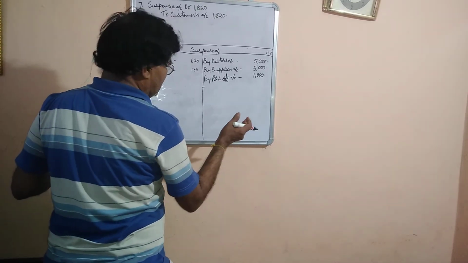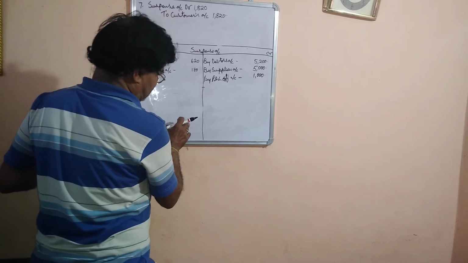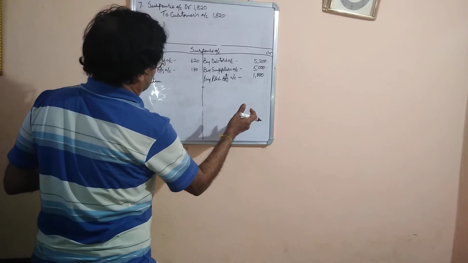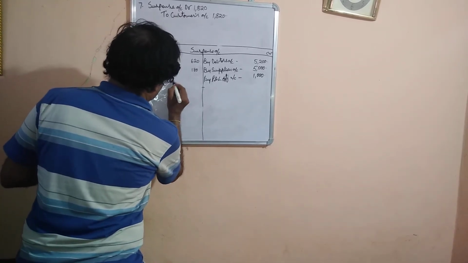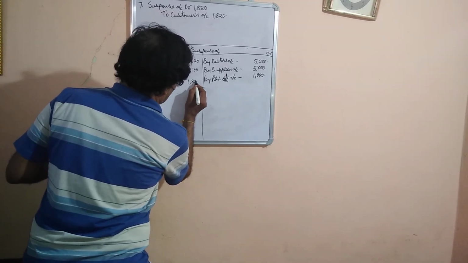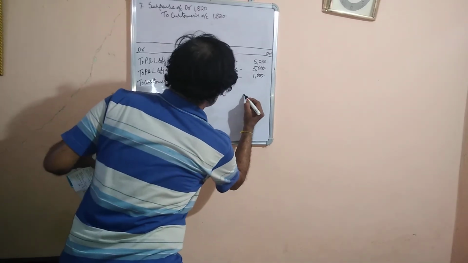So it must be corrected. The 910 already written in the customer's account should be deducted, so we show it on the credit side. In that case you have to double the figure: 1,820. Now we have to go for the total.